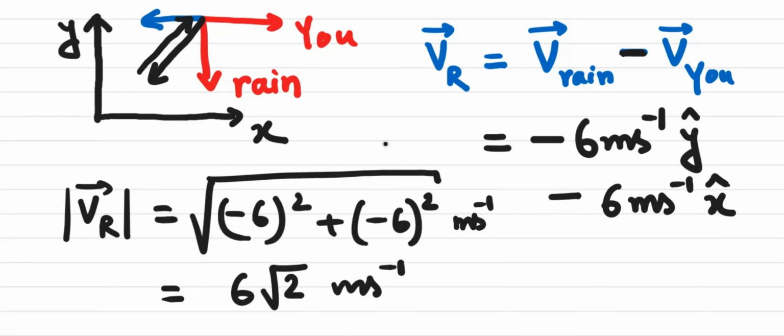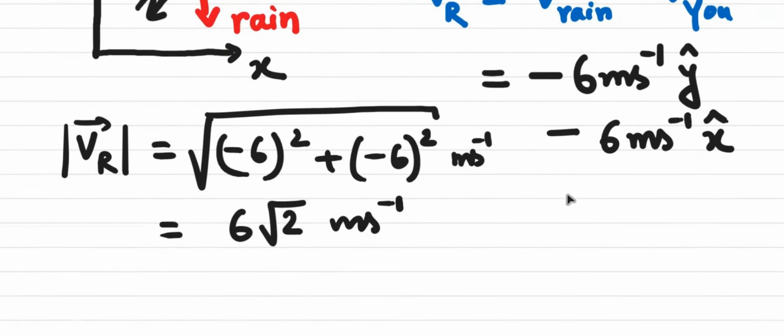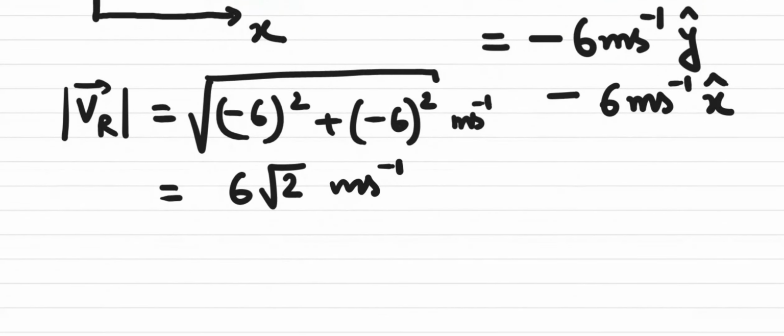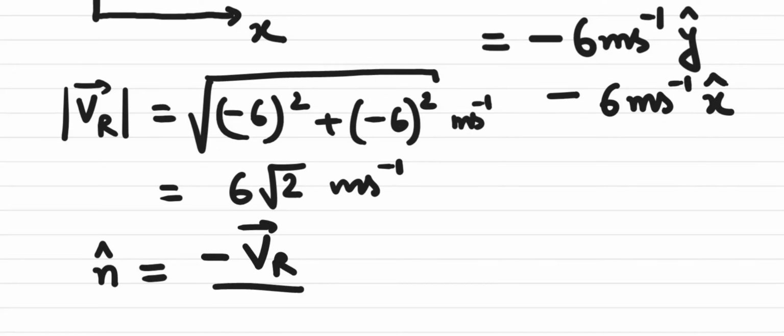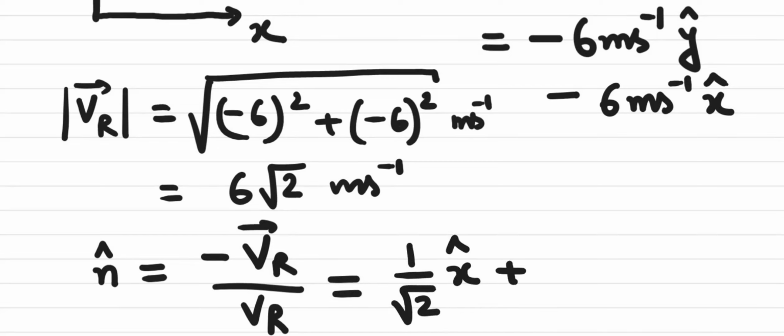So the direction along which we have to hold the umbrella, let it be n hat, is n hat equals -Vr divided by the magnitude of Vr, and this is going to be 1/√2 x hat plus 1/√2 y hat, and this is the direction along which your umbrella should be held in order not to get wet.